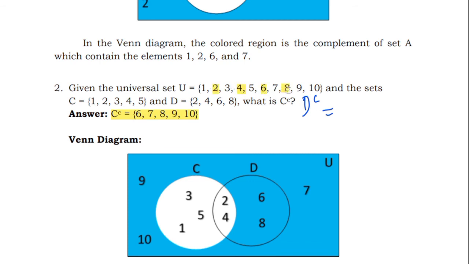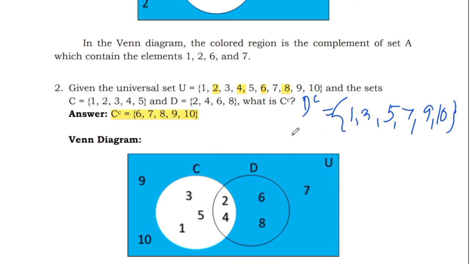These are the elements that can be found in the set D. So the yellow shaded part can be found in our universal set. Therefore, those that are not shaded, highlighted rather, are those elements for the complement of set D. So we have here 1, 3, 5, 7, 9, and 10. So that's it.